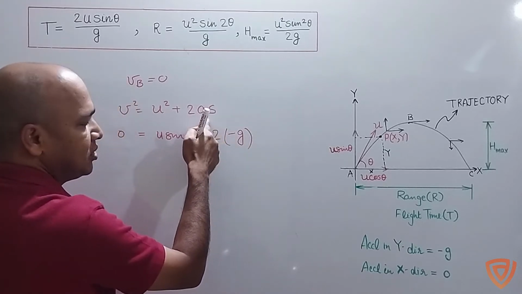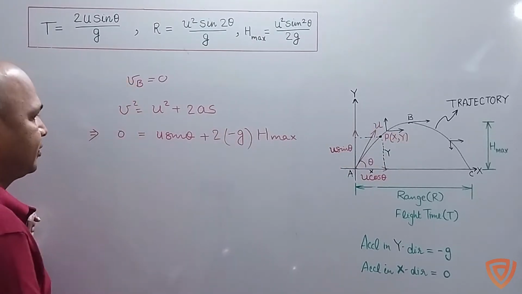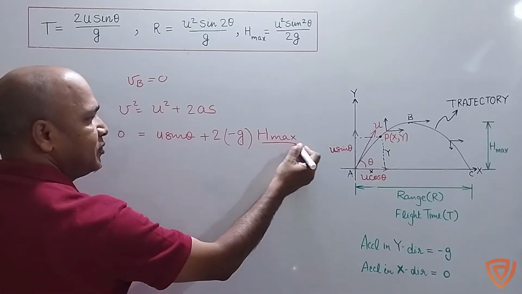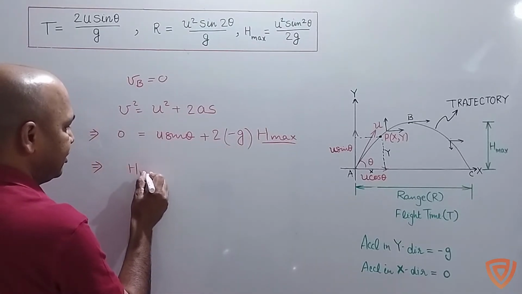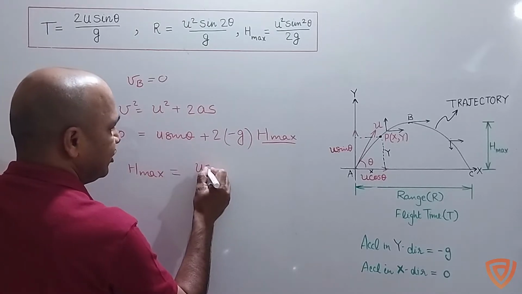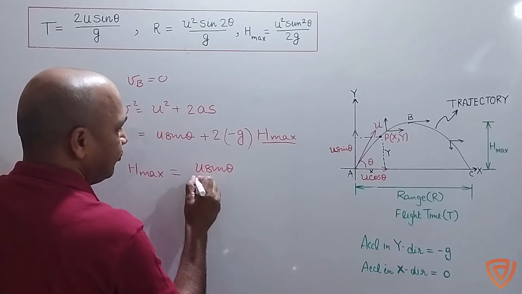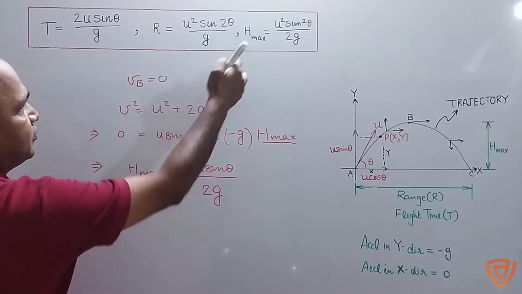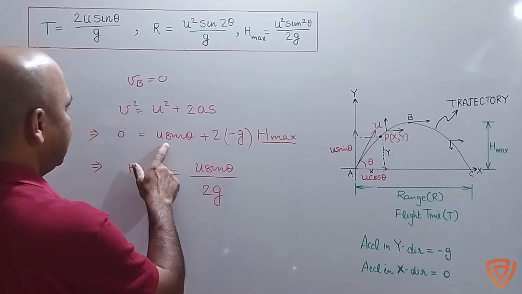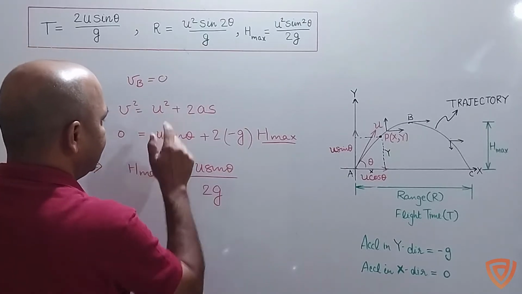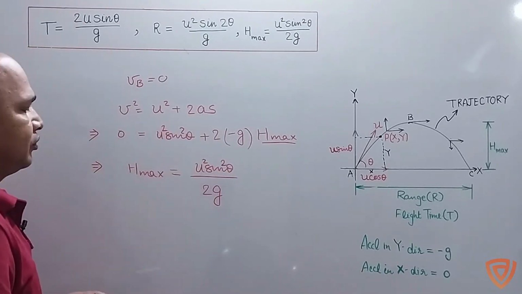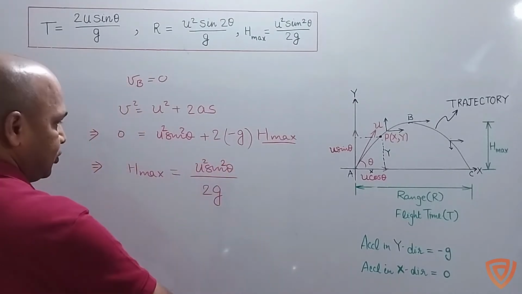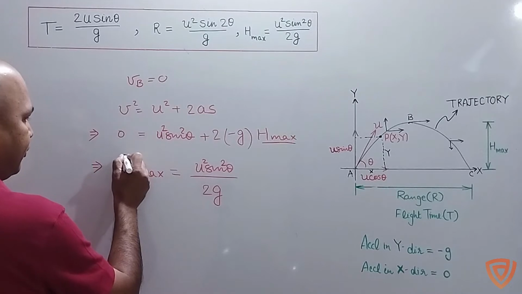S is h max, correct? So using this we can get the value of h max. So h max comes out to be, I'm sorry, it should be u square sin square theta over 2g. I forgot to square it. So this is your h max formula.